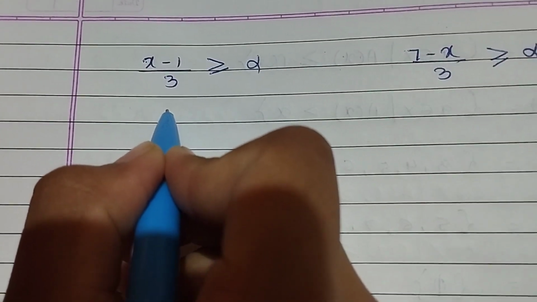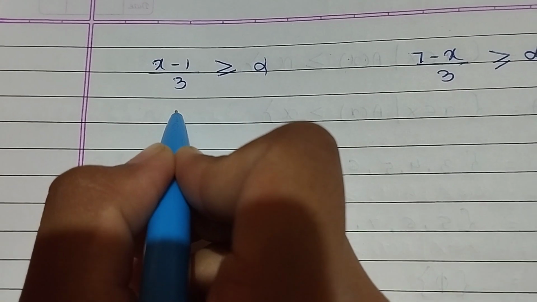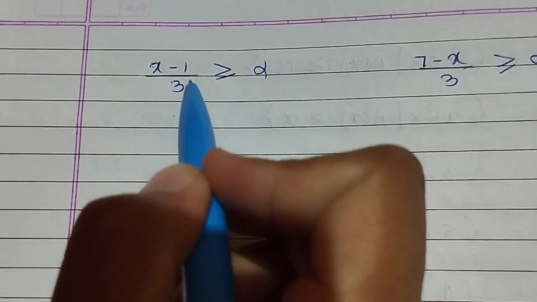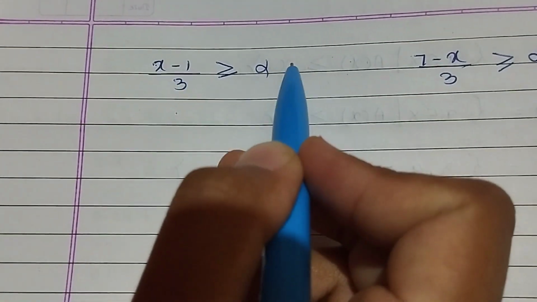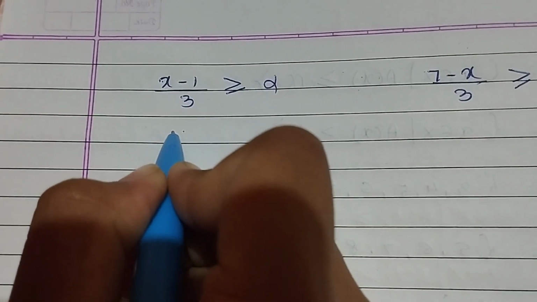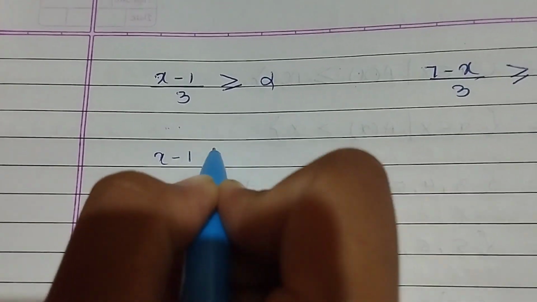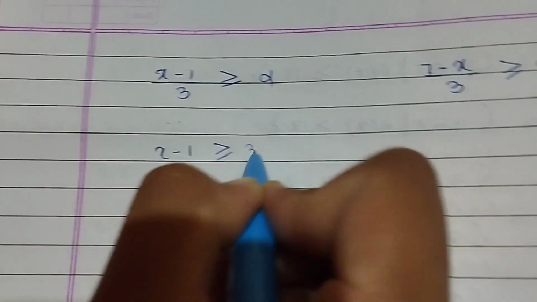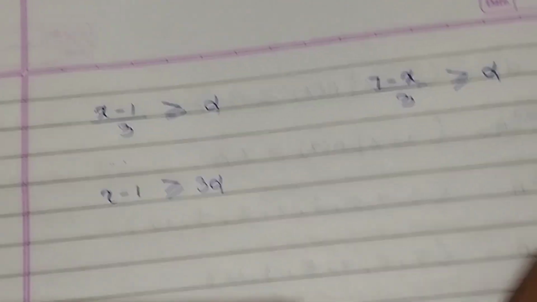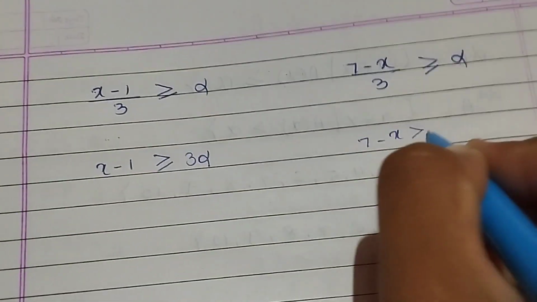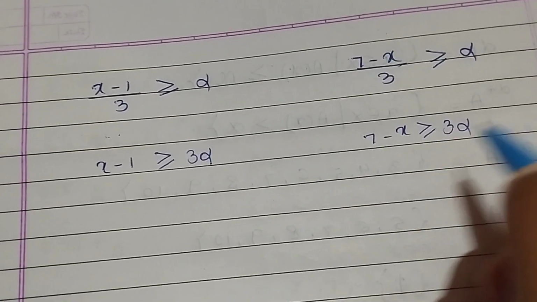Now we only need to find the value of x. For that, the 3 is in the denominator, so go to the other side and multiply. So x minus 1 is greater than or equal to 3 alpha. Same here, 7 minus x is greater than or equal to 3 alpha.